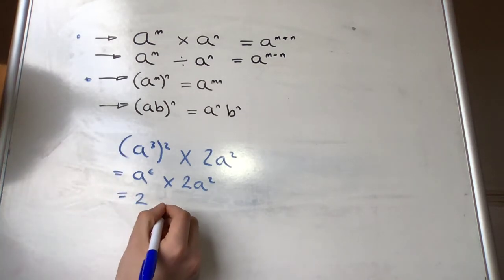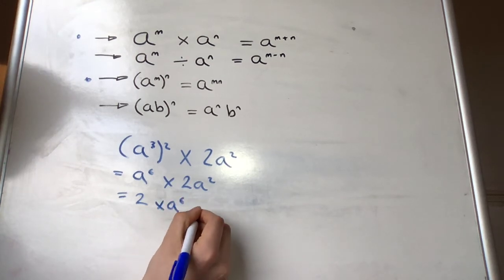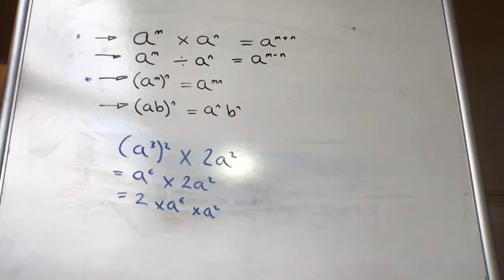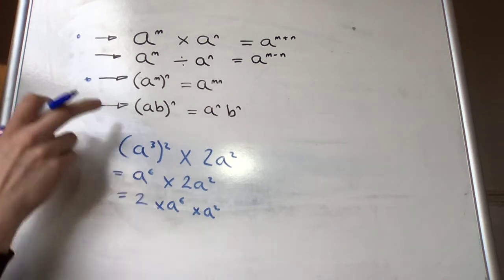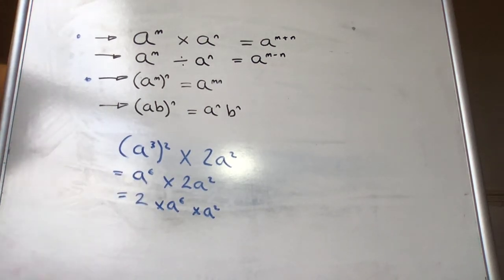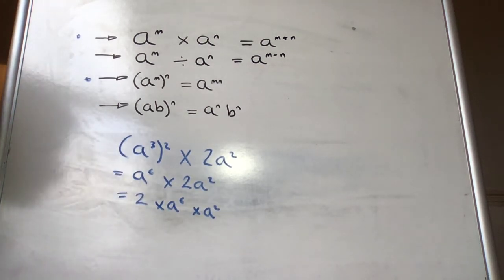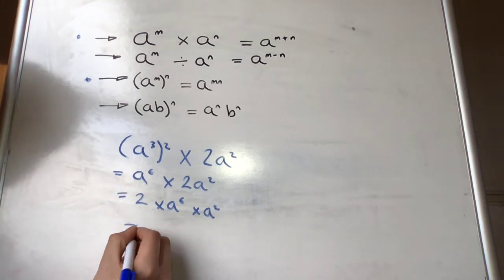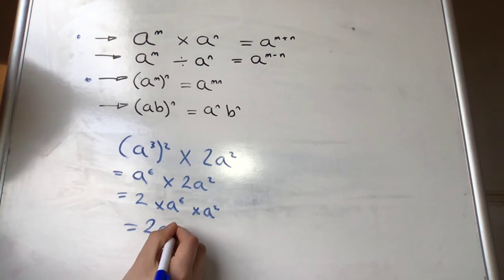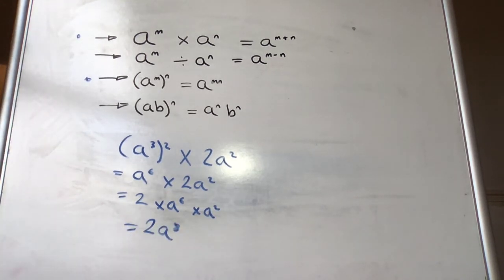So we've got a to the power of 6 times a squared, and now we need to apply the first rule at the top here. a to the power of 6 times a to the power of 2 is 6 plus 2, which is 8, so that gives us 2a to the power of 8, and that gives us that one.